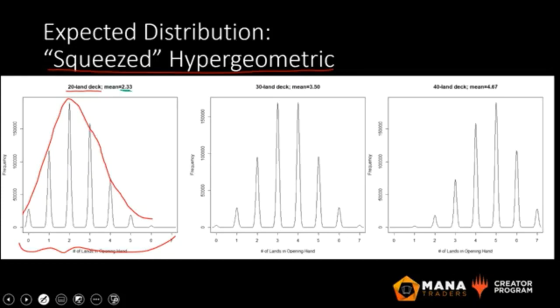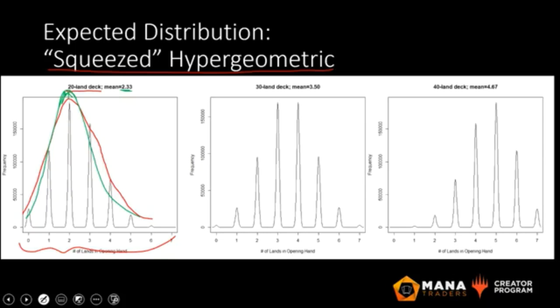So your opening hand lands will be closer to this mean, and so the expected distribution would be something like this. As you can see here, we squeeze the distribution so that the top is higher than the peak of the initial distribution.